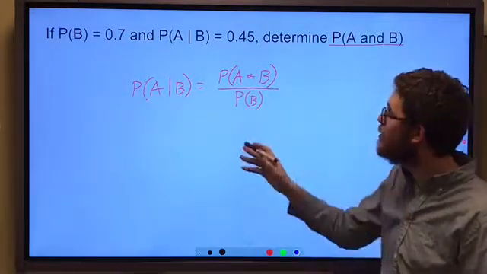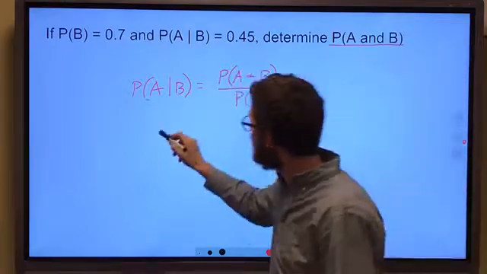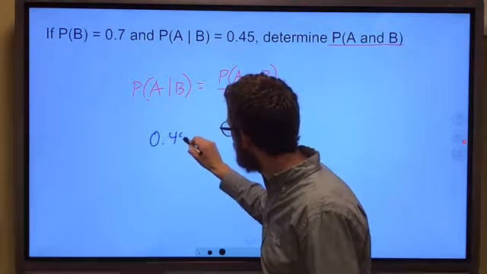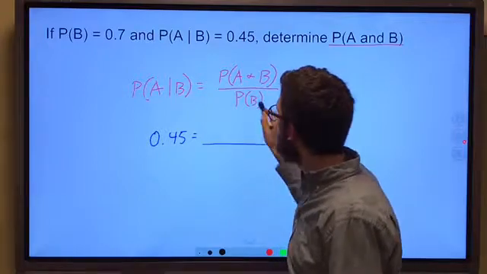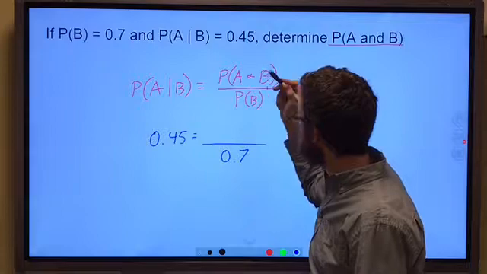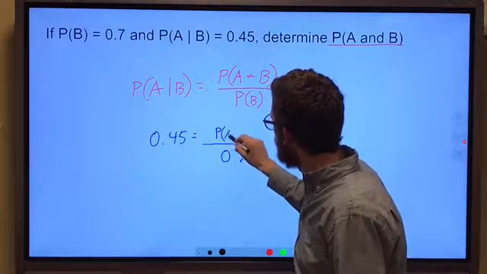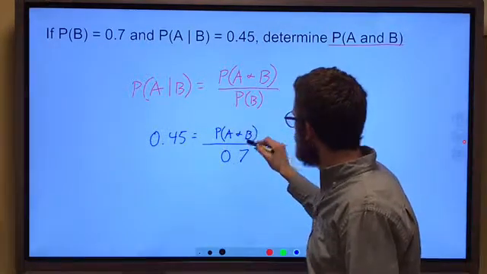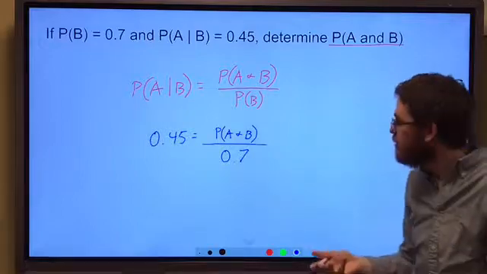If we plug in everything we do have, the probability of A given B is 0.45. We know the probability of B is 0.7. And the probability of A and B, we don't know. That's actually what we're looking for. We just solve for that one missing piece.